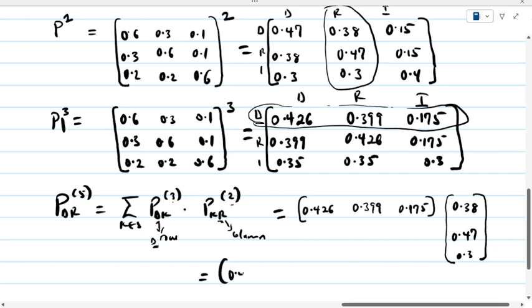We have 0.426 times 0.38. Don't forget your matrix rule in multiplication. That will be 0.426 times 0.38 plus 0.399 times 0.47 plus 0.175 times 0.3.